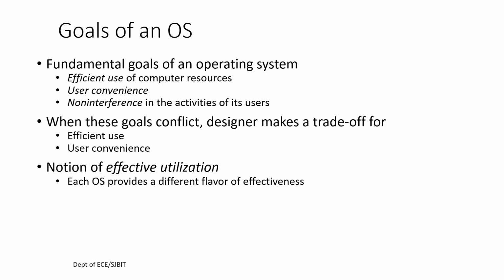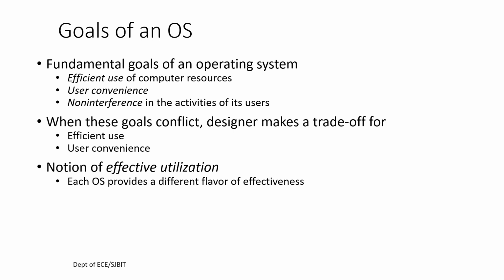I told you that there are various types of operating systems available, and depending on that, the services are also added. For example, the Windows operating system, the Linux operating system, and many others. Their features are different, and they provide different flavors of effectiveness.